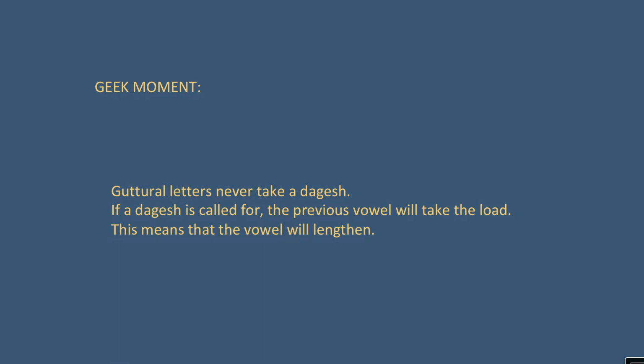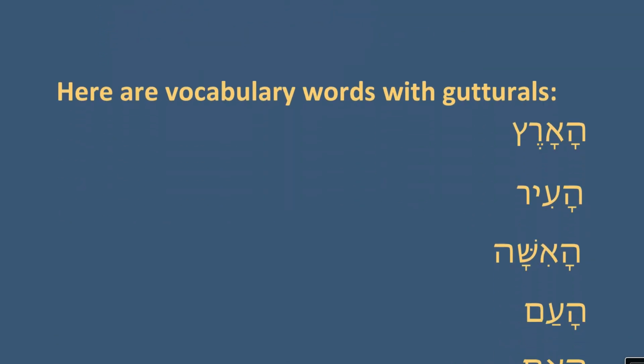So just for a quick geek moment, guttural letters never take a dagesh. If a dagesh is called for, the previous vowel will end up taking the load. This means that the vowel is taking on the load by lengthening. And this phenomenon that we will find in a number of Hebrew situations is called compensatory lengthening, where the vowel is lengthening to compensate for something that the consonant cannot do.